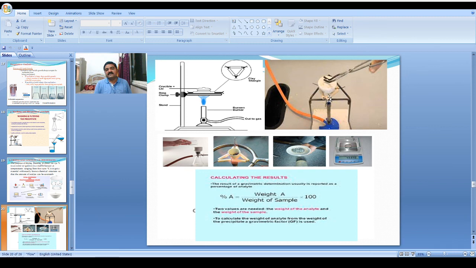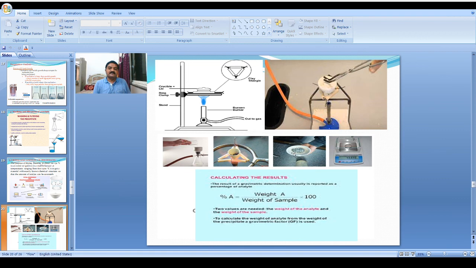This is the second figure, how this process takes place here. With the help of this pair of tongs, put the silica crucible on the clay pipe and below it the gas burner. And here the precipitate will be burning on this clay pipe, and the silica crucible has the residue or the precipitate.